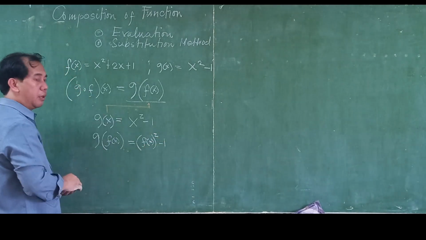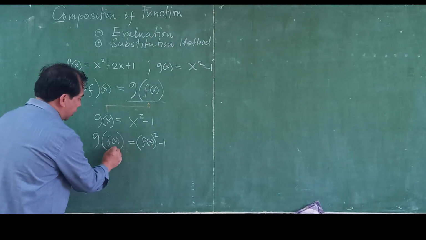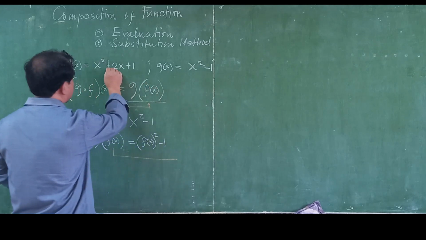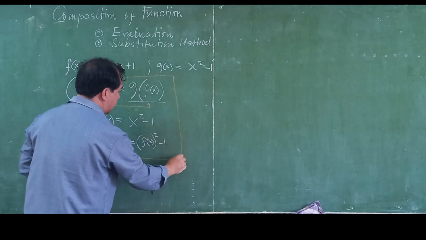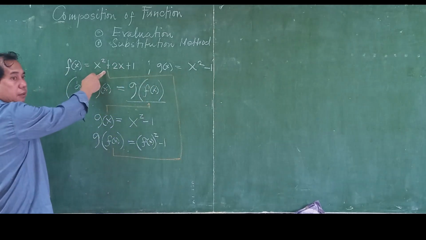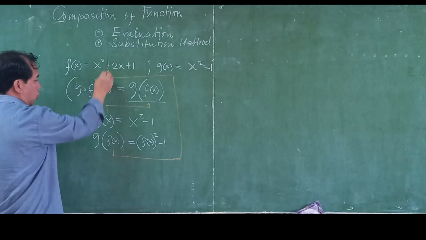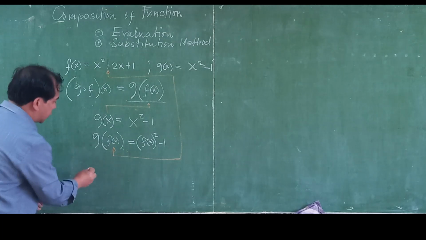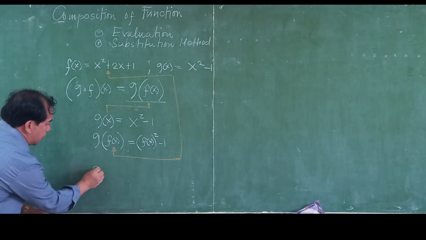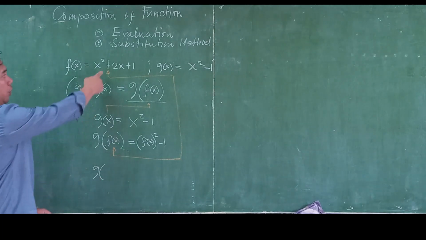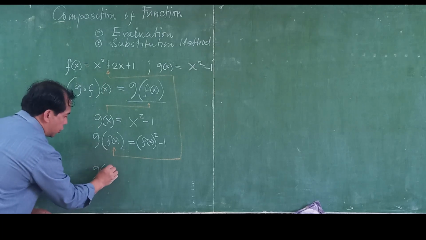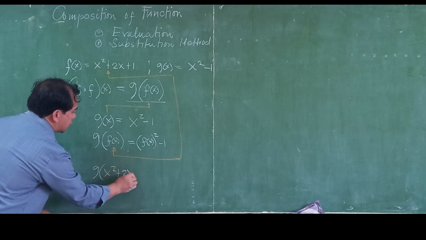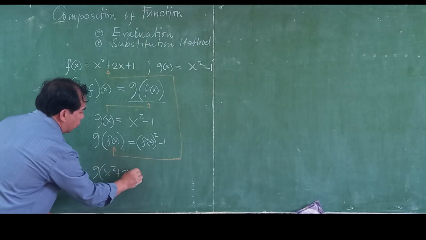But remember that your f of x is defined. So what are you going to do? Meaning to say, replace. So that is the same as what? Let's try to have g of x raised to 2 plus 2x plus 1.